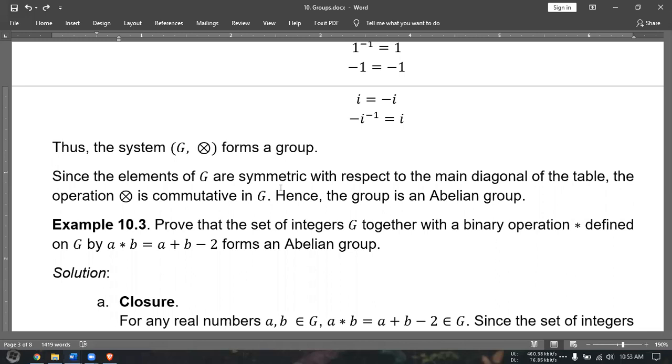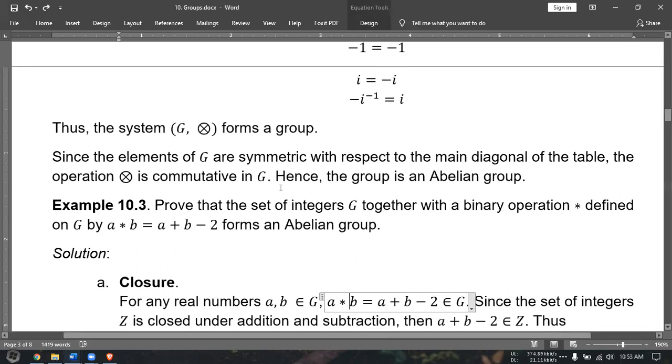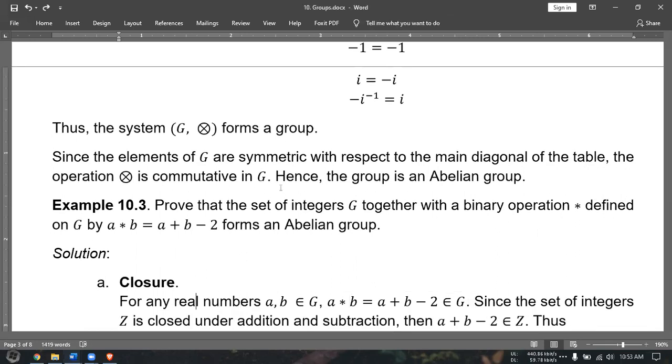Assume a variable that would generalize all the elements of G. For any real numbers a and b, but it should be for any integer, not real numbers.